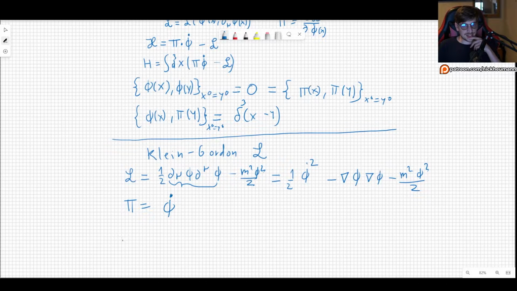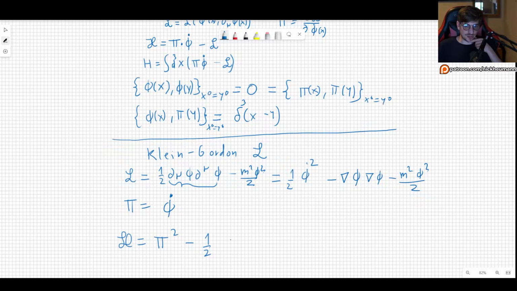With this, we can now work on building the Hamiltonian density first. So this would be pi times phi dot, but that's also pi, so we actually have pi squared, the momentum squared, minus the Lagrangian density, so that's 1/2.